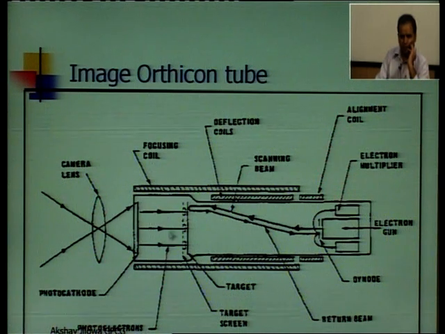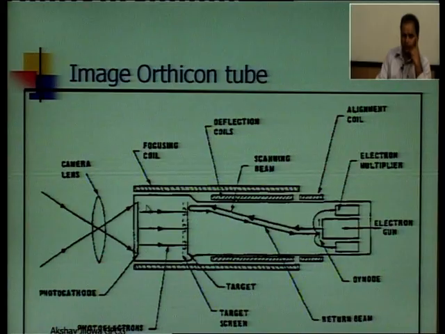These electrons are the emitted electrons. So, light falls on the object, and when it is reflected from the object, it falls on the photocathode through the camera lens. When it falls on the photocathode, depending upon the light intensity, various numbers of electrons will be liberated from the different areas of the photocathode, and those electrons will travel from here to the target screen.